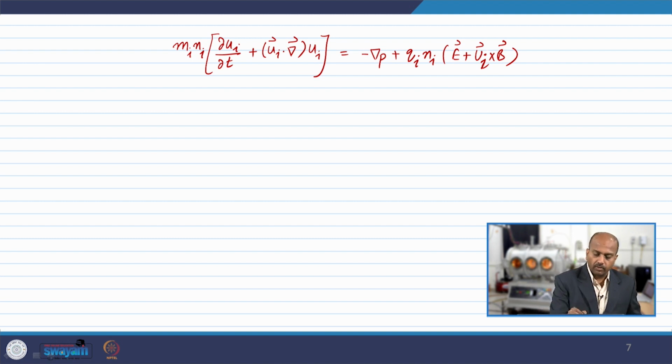So probably if it is confusing, we can use a subscript of j, because i generally denotes the ion, right.